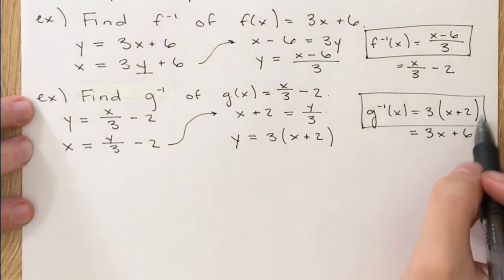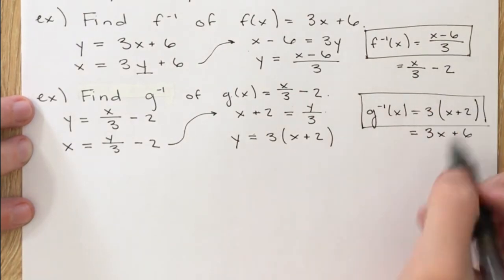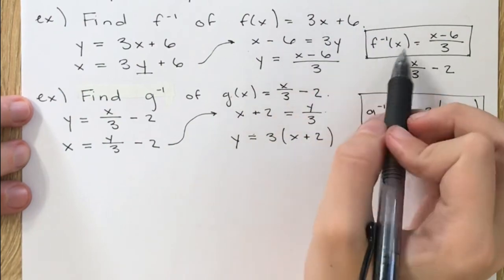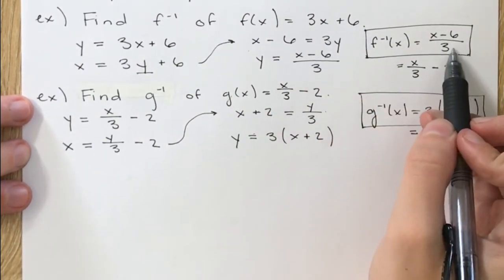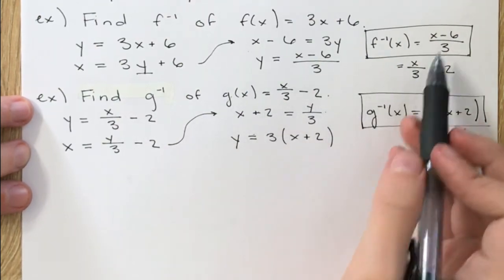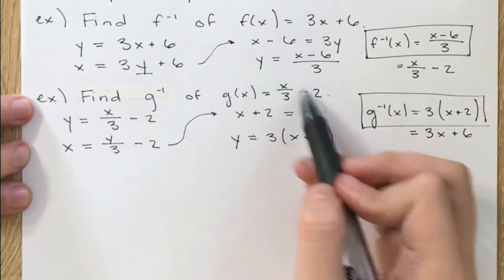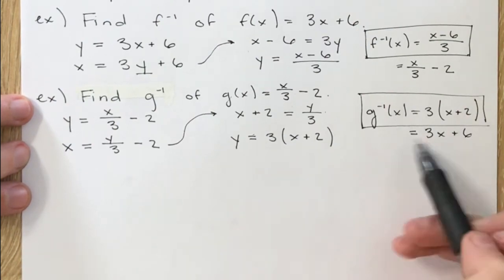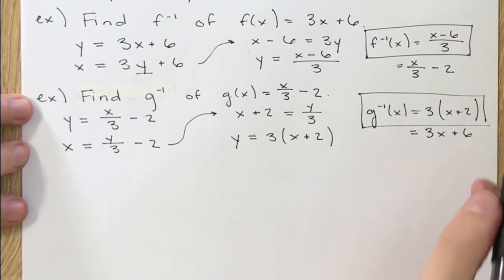So even if they maybe look a little different algebraically, we can simplify them to look the same. And when you take the inverse of a function and you get f inverse, and then you take the inverse of that function, we took the inverse of f inverse, we got back our original function. That should always be the case.